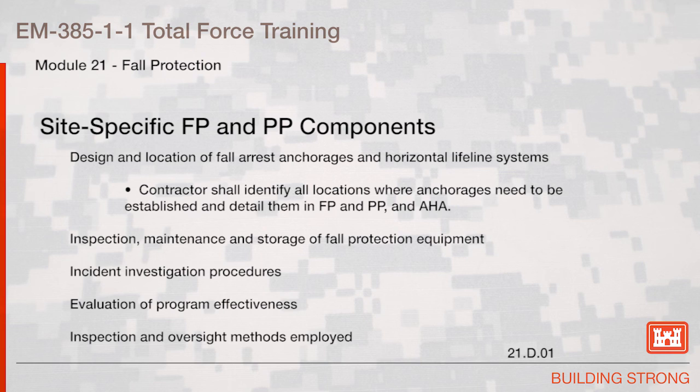The contractor shall identify all locations where anchorages need to be established and detail in the fall protection and prevention plan and the AHA. Inspection, maintenance, and storage of fall protection equipment, incident investigation procedures, evaluation of program effectiveness, and inspection and oversight methods employed.